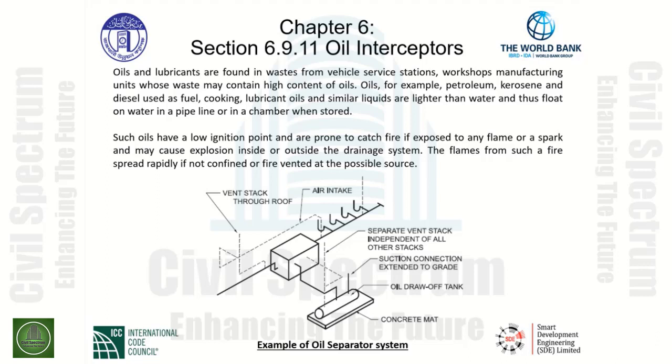Thus, it is buoyant in the water. We have a draw-off pipe that channels the oil into the oil draw-off tank as indicated in the lower portion of the drawing. We have a suction connection extended to grade for maintenance and evacuation of the oil draw-off tank.